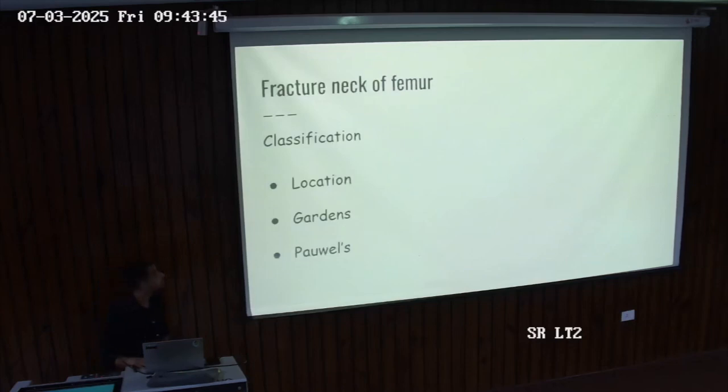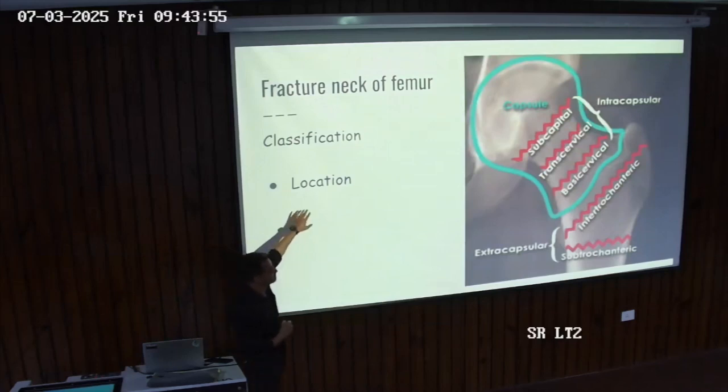Now coming back to femur fracture, there are many classifications. First we see the location.